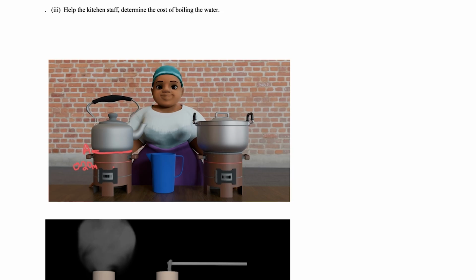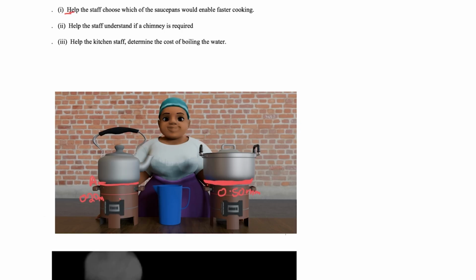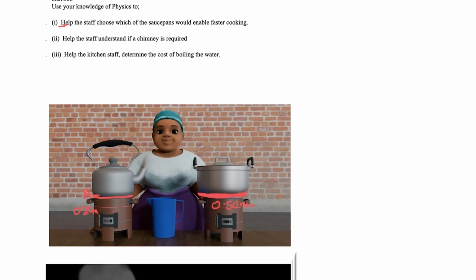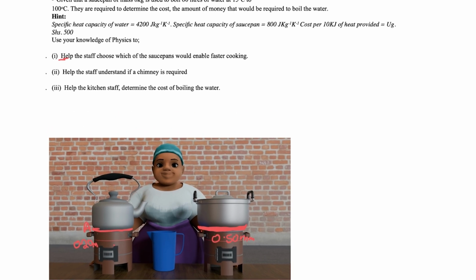Then she has another saucepan with a thickness of 0.50 millimeters. So you can realize that the thickness of this saucepan is more than the thickness of the kettle. So what we shall need to do is to come up with the best saucepan that we should use to make cooking faster.